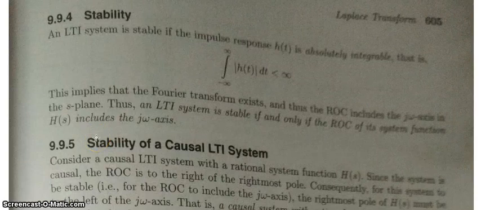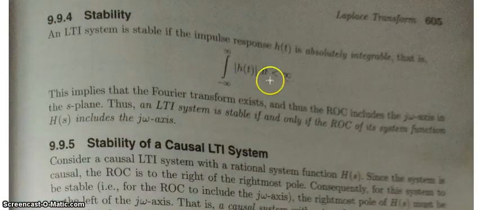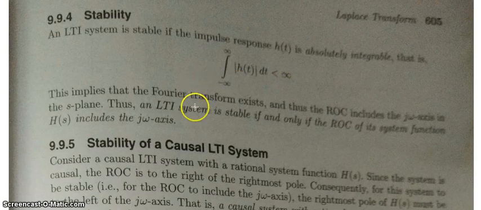Now we will consider the condition for a given LTI system to be stable. An LTI system is stable if the impulse response h(t) is absolutely integrable, that is, the integral from minus infinity to infinity of |h(t)| dt must be less than infinity. This means that its Fourier transform exists, and thus the ROC includes the j omega axis in the S plane.